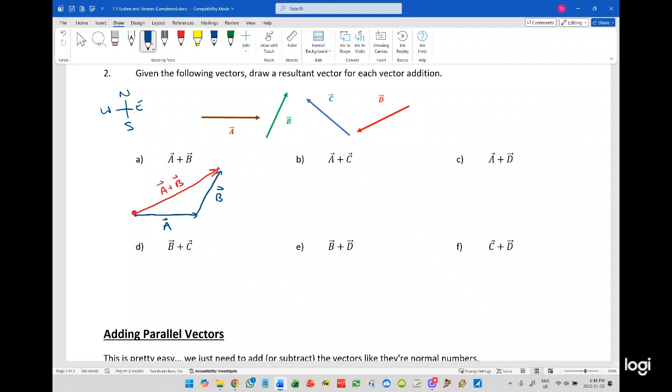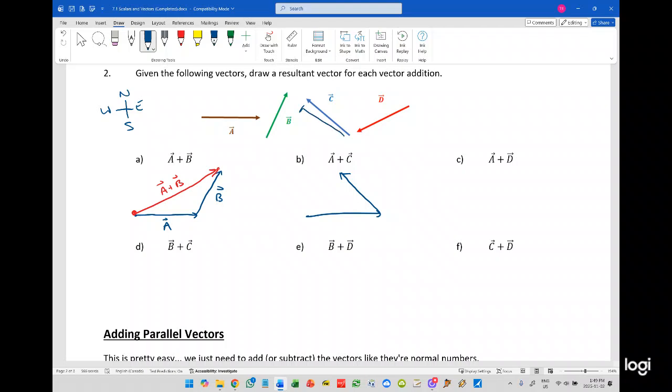All right, then we're going to repeat. A plus C: this one again is going to go east, but then it's going to go northwest, so it's going to do something like this. I'm trying to do it so that it's the same length as A up here, but again, we're just doing a rough estimate, so if it's not, it's not. And then the second one is going to go something like that.